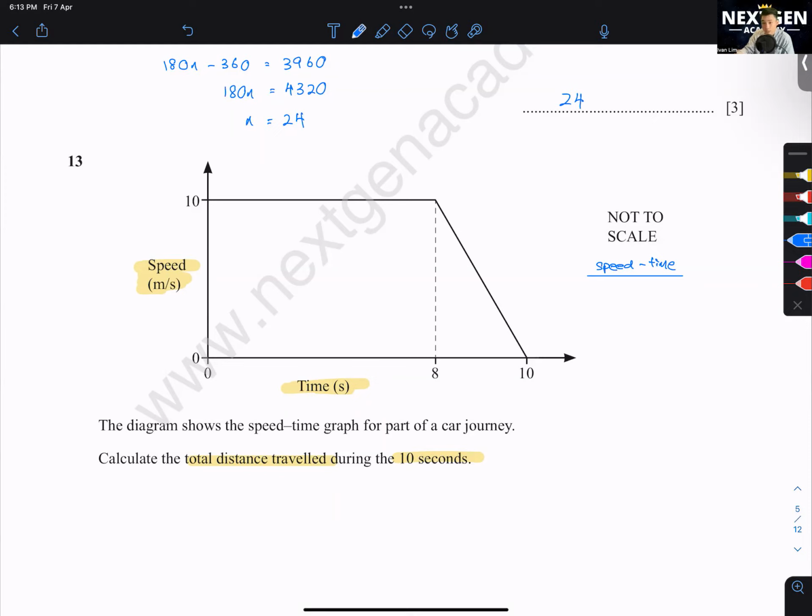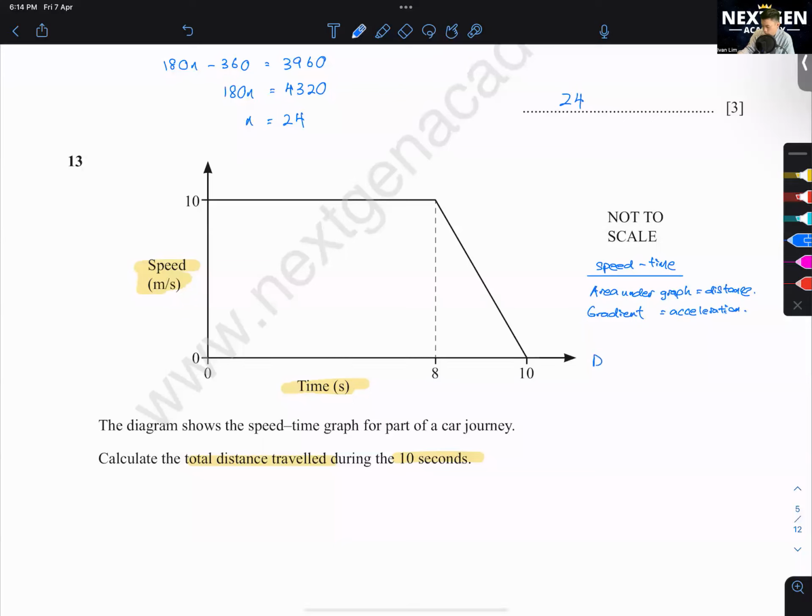Distance is area under graph. So area under graph is equal to distance. Then gradient is acceleration. Please memorize this.